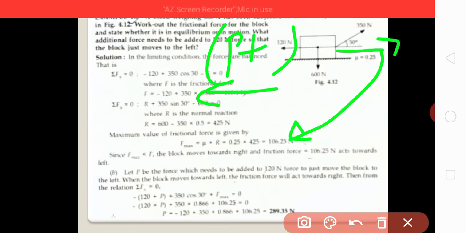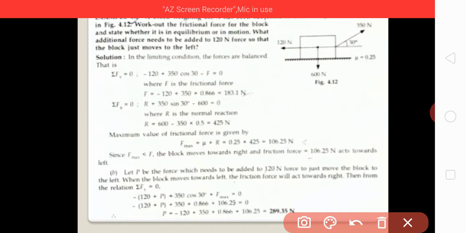Again, in the same way, resolve the forces along the plane or vertical to the plane. Same concept we will apply everywhere. Minus 120 plus P, that is minus P, we close the bracket, it will become plus, equal to 350 cos 30 plus F max.